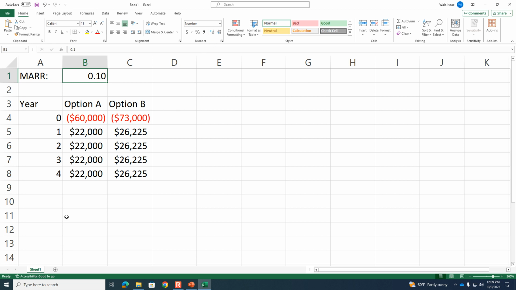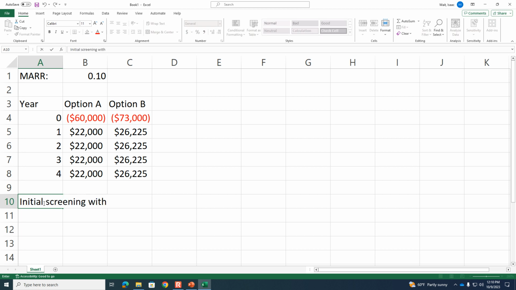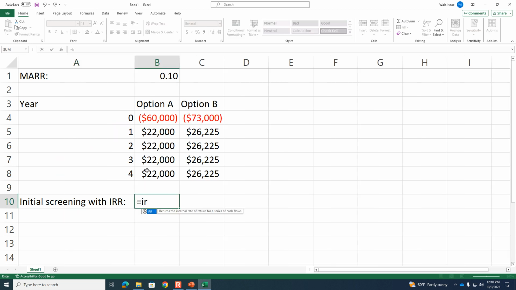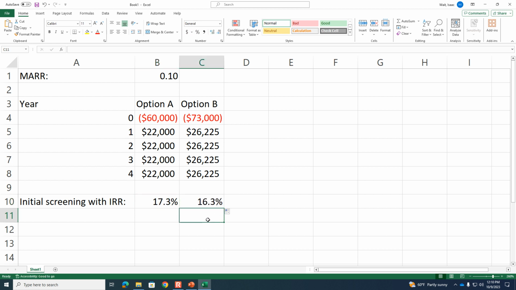Okay, so we could do initial screening just to see whether both of these options are justified. So initial screening with IRR. That's the first thing I, maybe just as a matter of habit, am going to do. So IRR: 17% for option A, and option B 16.3%.